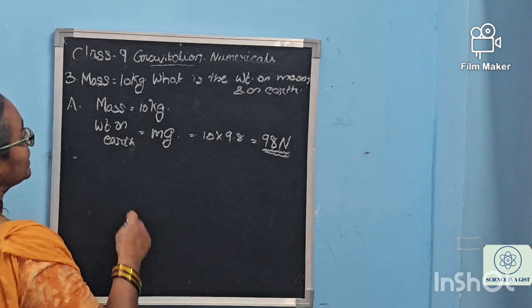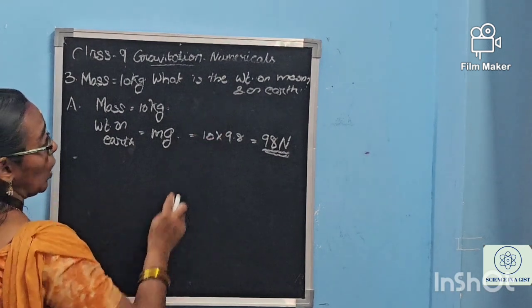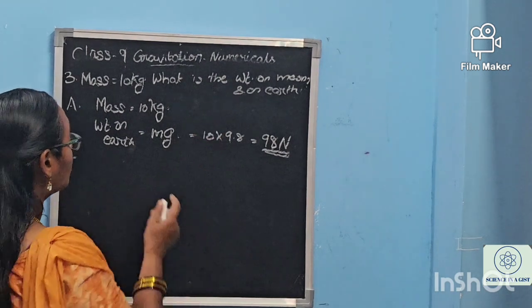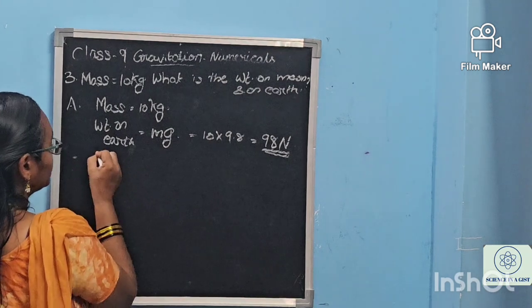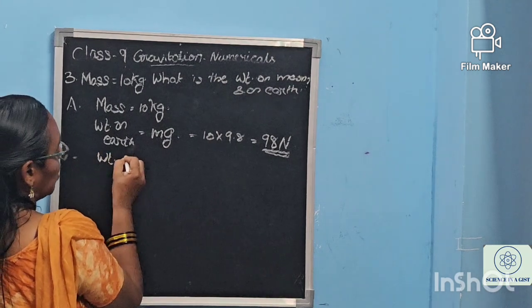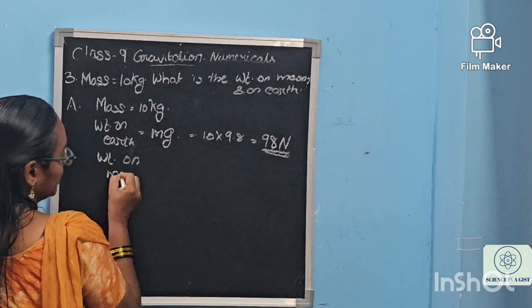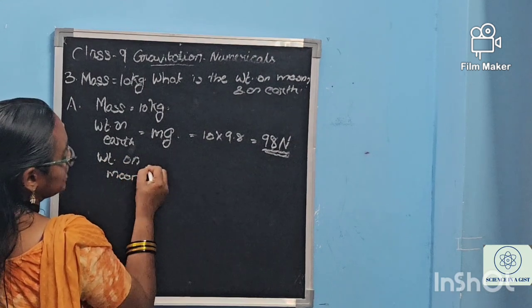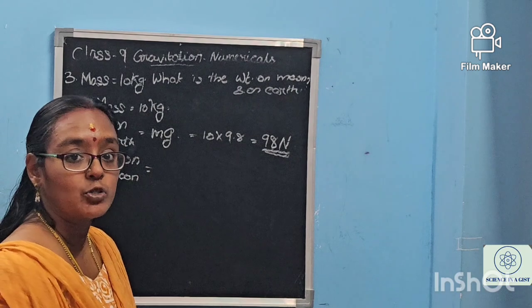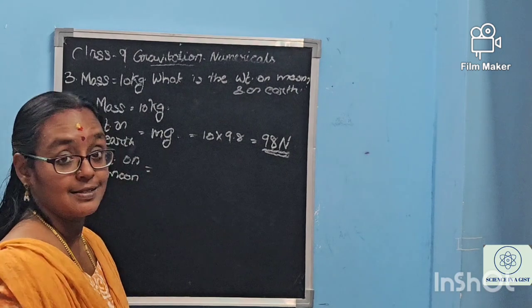Okay. Then the question is, what is the weight on Moon? How can it be found out? Weight on Moon. In the last problem, we have seen weight on Moon is equal to weight on Earth divided by 6. Isn't it?